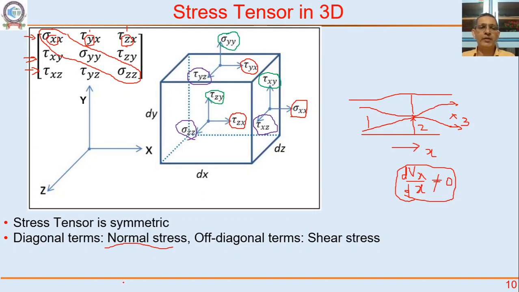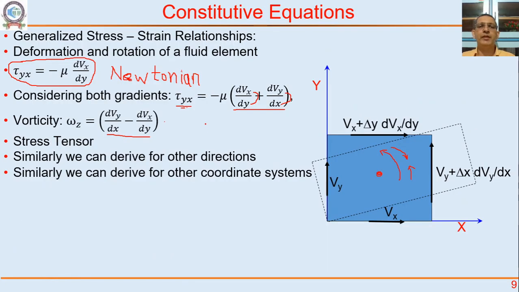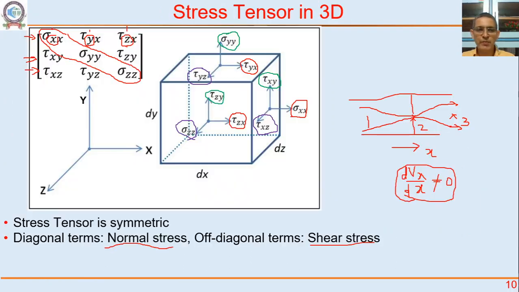The off diagonal terms are called shear stresses. And this stress tensor is symmetric because we have said tau yx is dvx by dy plus dvy by dx, which means that tau yx and tau xy are identical.